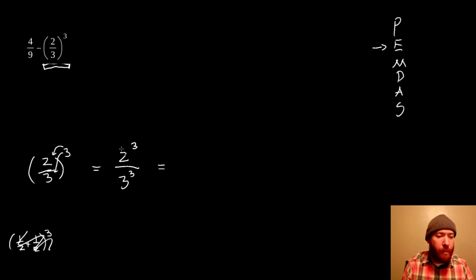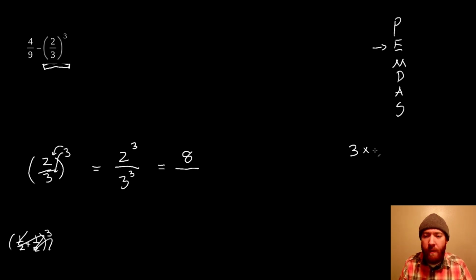What is the top number? What's 2 to the power 3, or 2 cubed? That's 2 times 2 times 2, which is 8. For the bottom, we're going to do 3 times 3 times 3. Let's do that over here to the side. This is 3 cubed. So what is 3 times 3? 3 times 3 is 9.